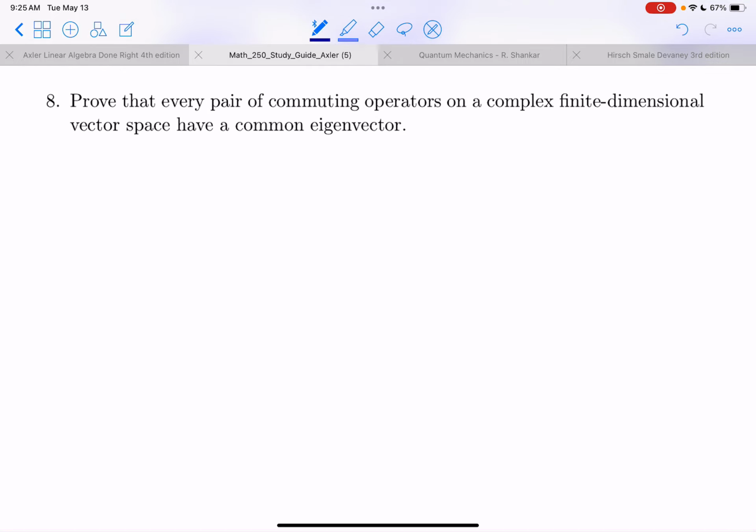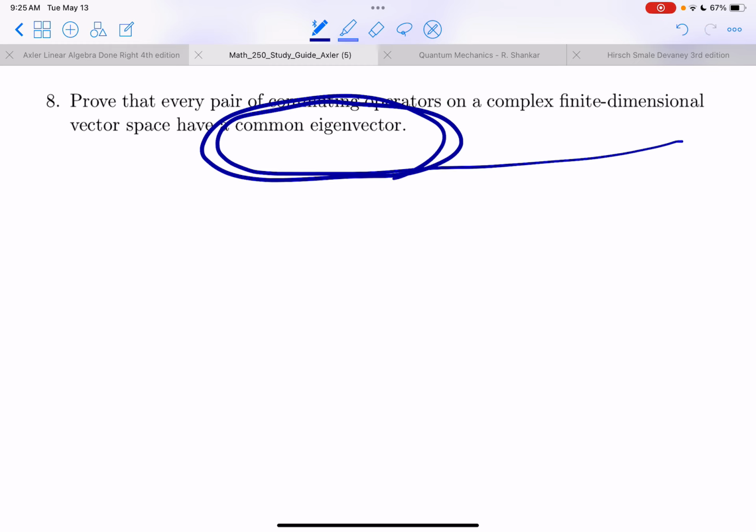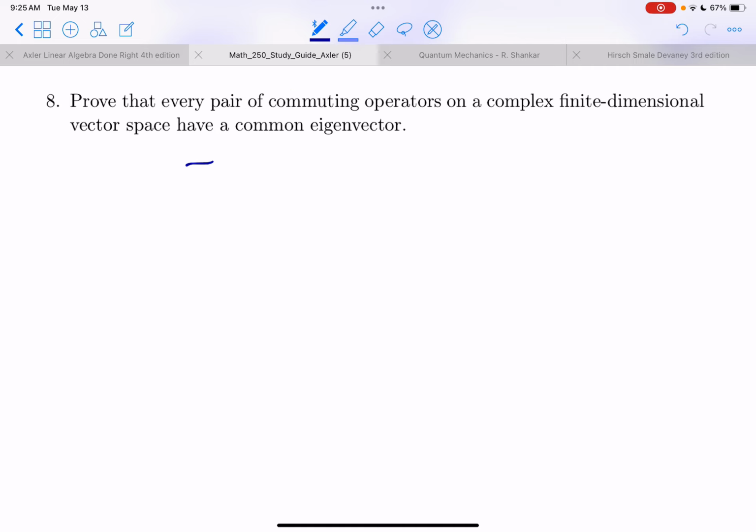Prove that every pair of commuting operators on a complex space has a common eigenvector. Right, so commuting operators don't have to be diagonalizable, but what we're showing here is they do have to have at least that first common eigenvector. Well, first of all, let's say we have T and S. They're each operators on a complex finite dimensional space.